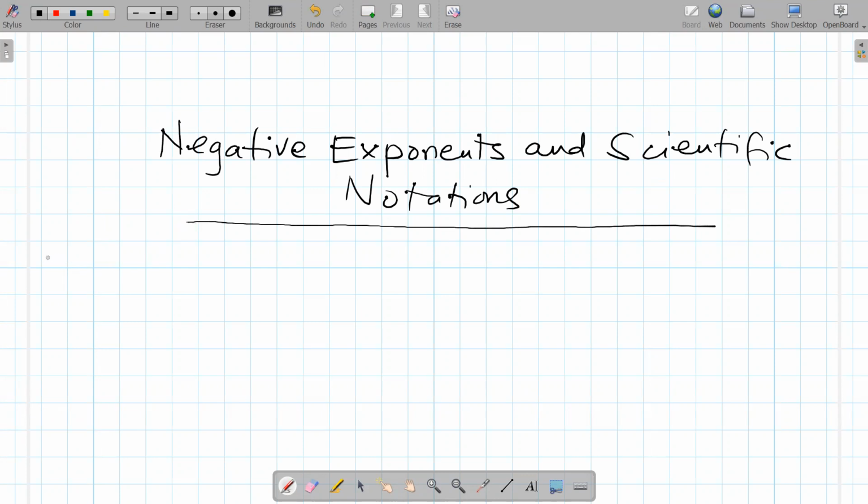So if we recall, we know that an exponent is nothing more than an expression that has a base and a power.